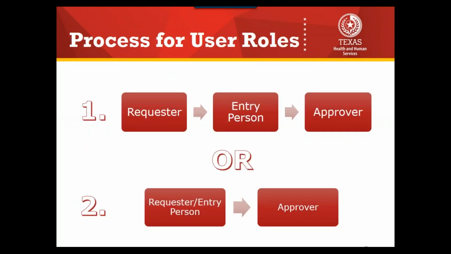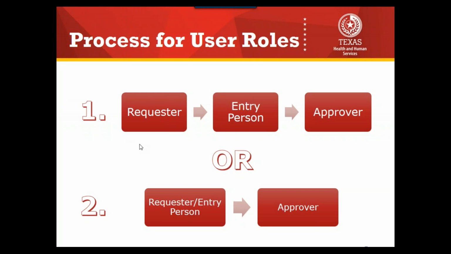The process for user roles will be dependent on your business process. Most departments have it set up in one of these 2 routes. The first route, there is a requester, someone who usually does not have requisition access in CAPS Financials. They do not have the requester role. They are somebody who just needs something. So they will usually fill out a form.